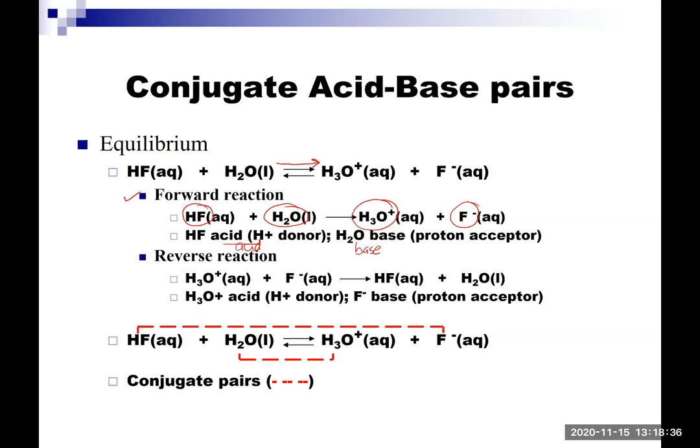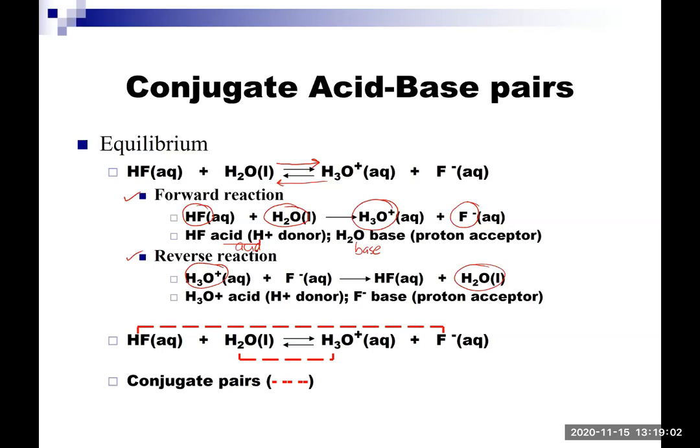Now let's have a look at the reverse reaction. In other words, we're going to call our original products reactants, and our original reactants become products when we look at the reverse reaction, and that is here. So H3O plus in the reactants now becomes H2O in the products.